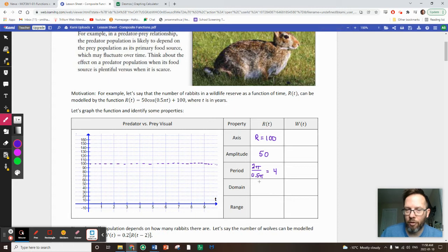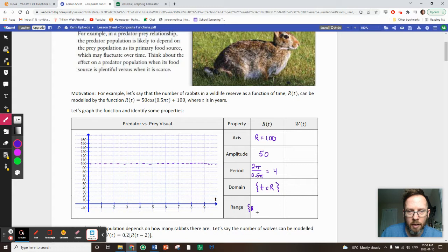For this function, t can take on any real number. We can plug in positives and negatives, but we only get certain r values out.